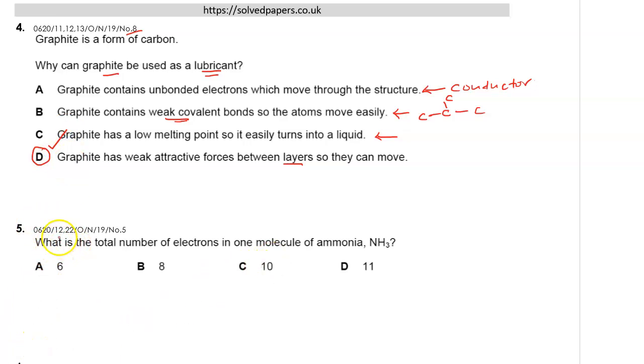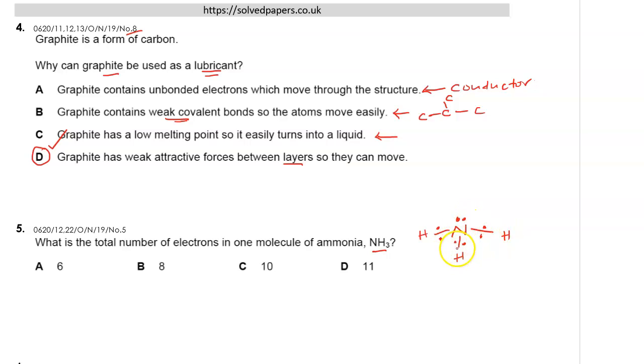Question number 5. This question also appeared in 2 papers, 1.2 and 2.2, and it was number 5. The question here is: what is the total number of electrons in one molecule of ammonia? Ammonia is nitrogen bonded to 3 hydrogen atoms, and we know that they've got shared electrons in each bond between nitrogen and each hydrogen atom, a shared pair of electrons right there.